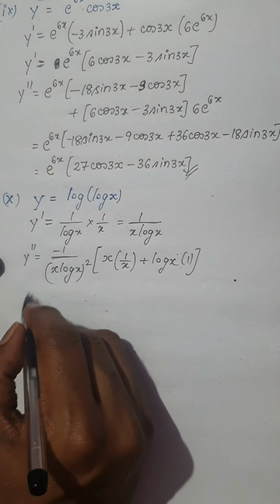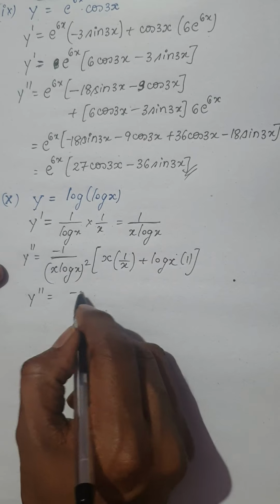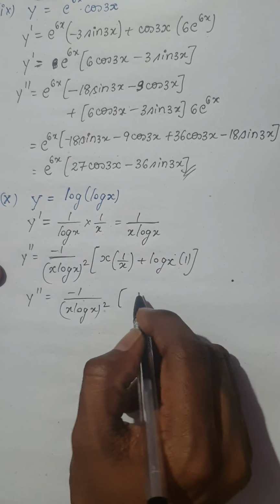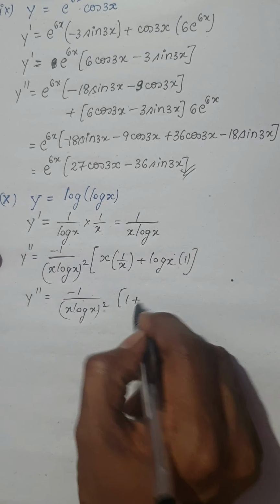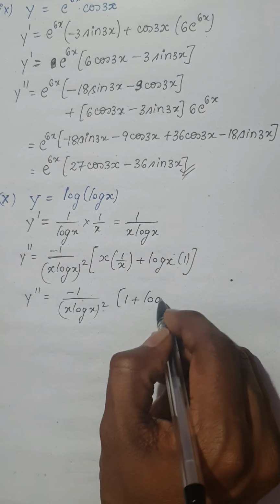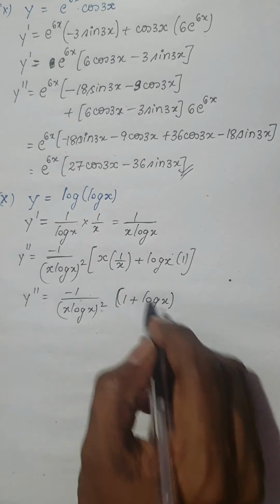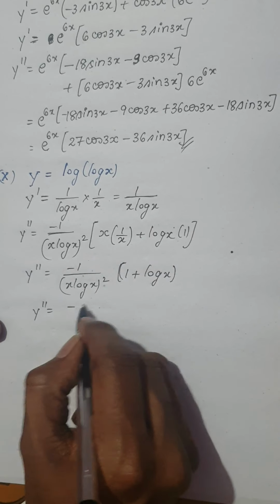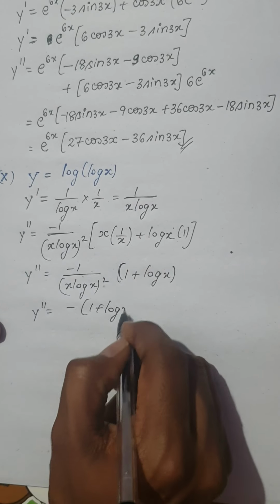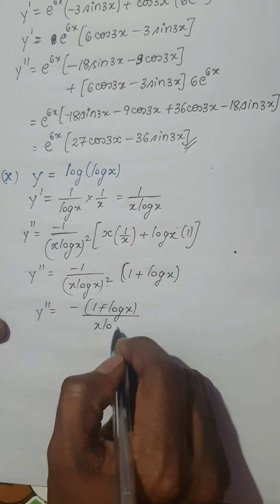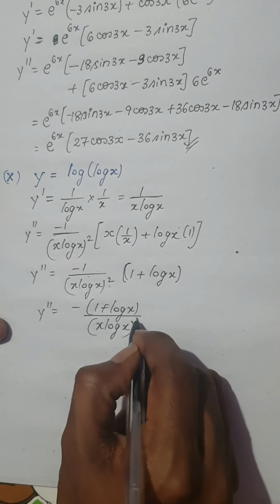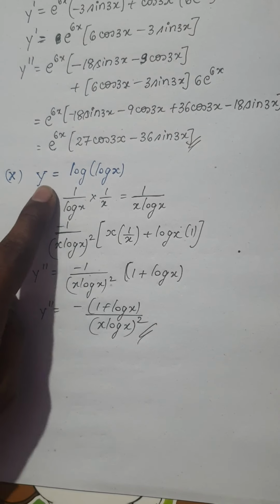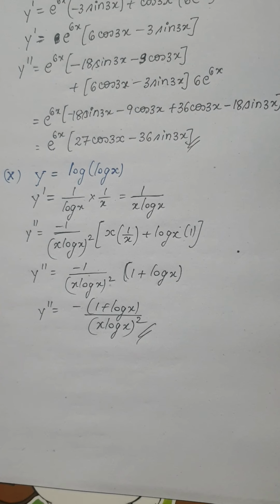Okay, now the second derivative is minus 1 divided by x log x whole square, and see what you are going to get. x and x will be cancelled. You will get 1 plus log x into 1 will be log x. Finally you can write it in simplified form as y double dash is nothing but minus of 1 plus log x divided by x log x whole square. Okay, so this is the second derivative of the function y is equal to log of log x.